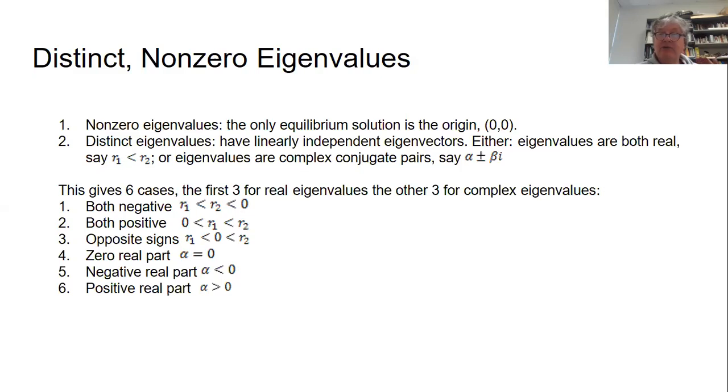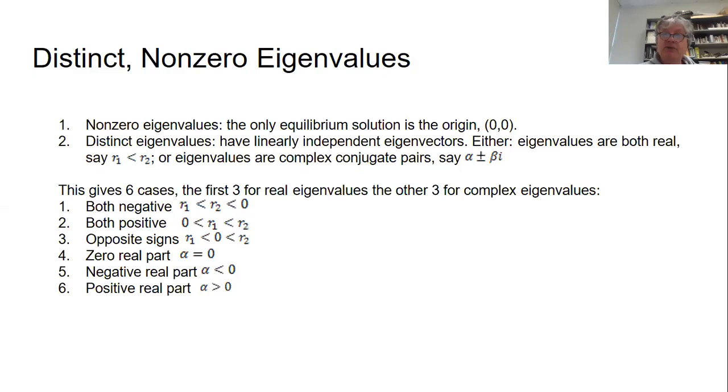Because the sign of the real part tells you whether you've got decaying exponentials or growing exponentials. Okay, so in the real case, we can have both eigenvalues being negative, both being positive, or they can have opposite signs. And then in the complex eigenvalue case, we could have negative, 0, or positive real part of the eigenvalues.